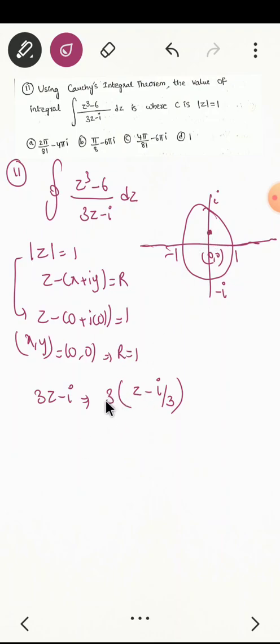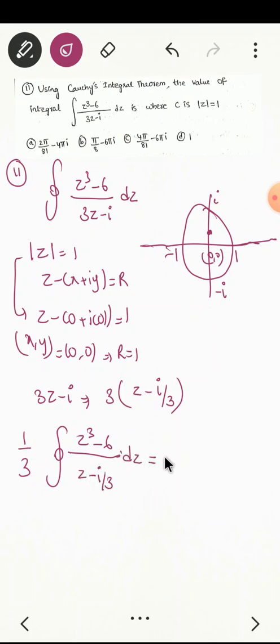So this 3 you should take out common, because what is the formula we have seen? 1 by z minus a should be there; 1 by 3z minus a should not be there. So I have taken 1 by 3 common. Then (z cube minus 6) by (z minus i by 3) dz.